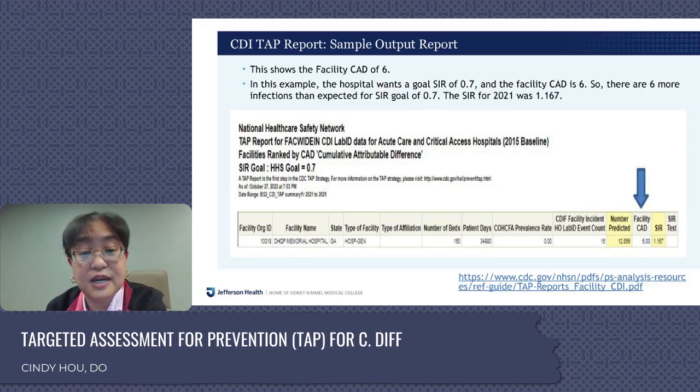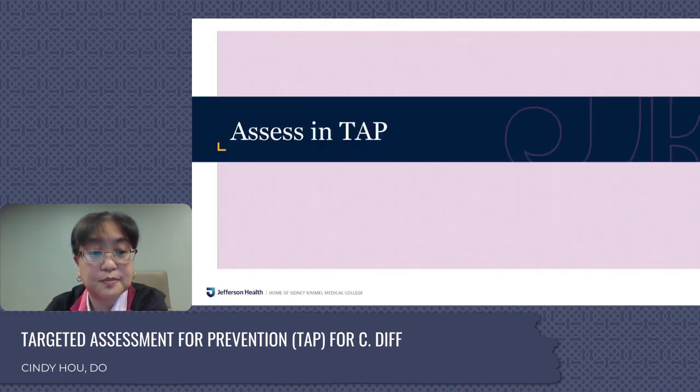And I know it's really tiny, but what you're looking at is you say, okay, this is the target of what I want my goal to be, and then it calculates what your CAD would be and how many infections you would need to get down to that target level. There are some institutions that might already be able to calculate the CAD on their own without this tool, but it is a good output report to review.